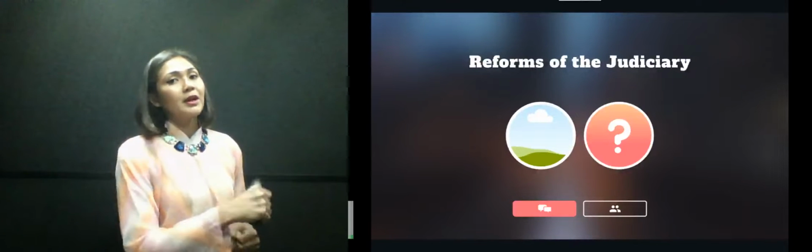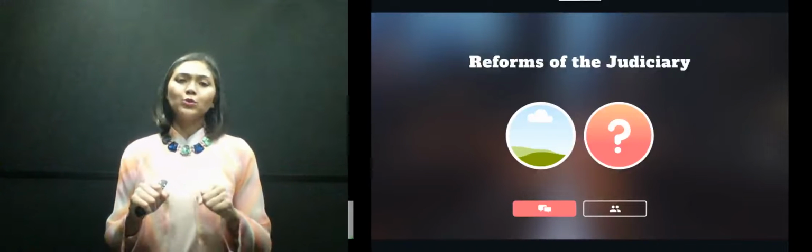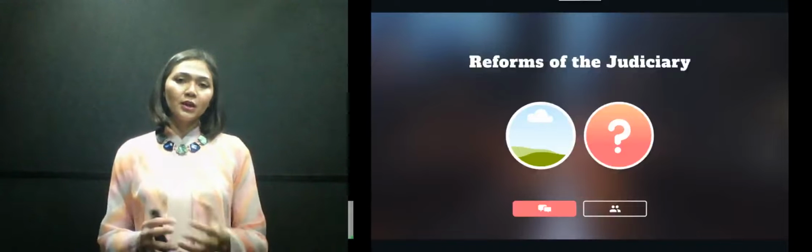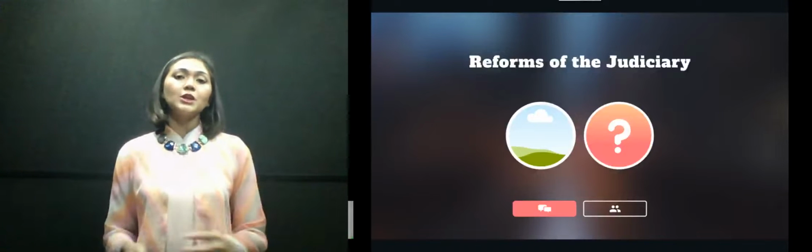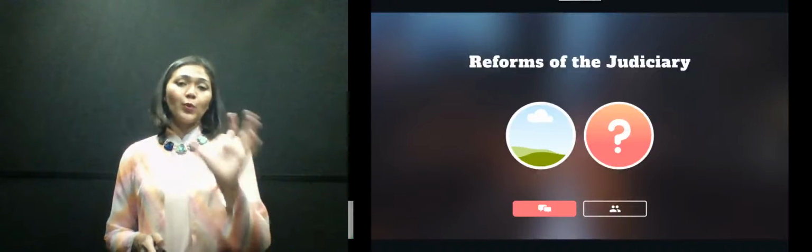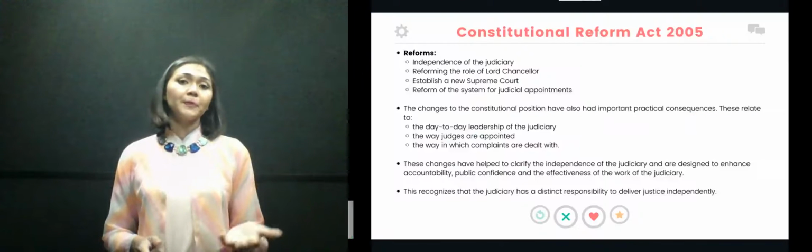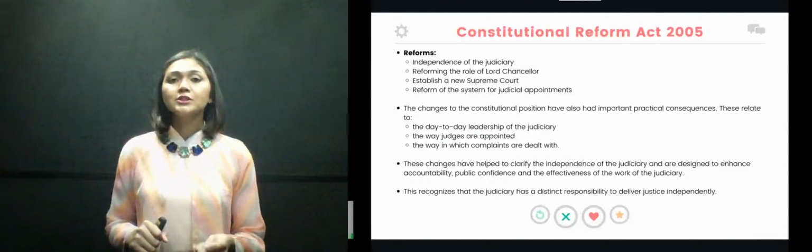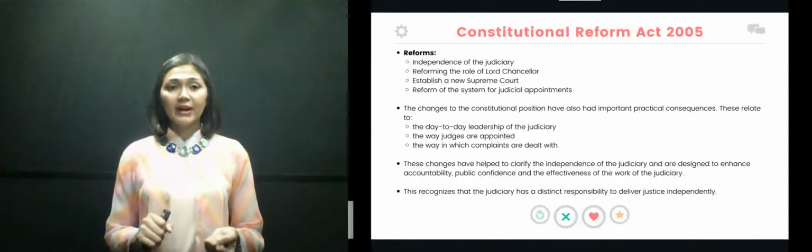So that's why we're coming to the next slide. We want to have a look in greater detail at the reforms of the judiciary. So where can we find this reform? It's under the Constitutional Reform Act 2005.